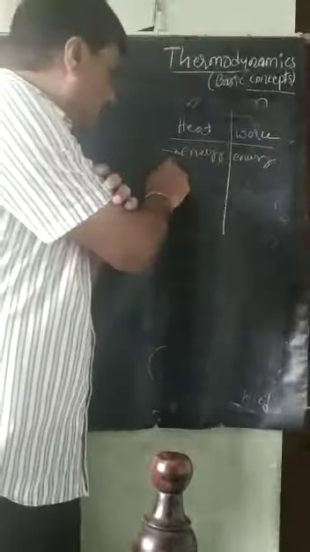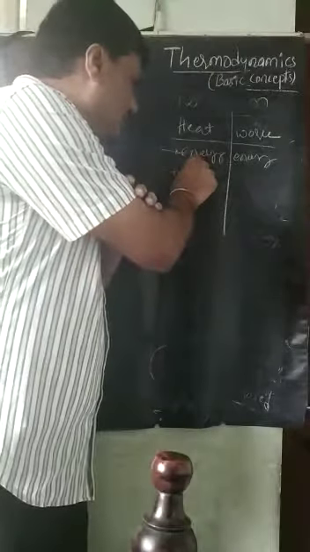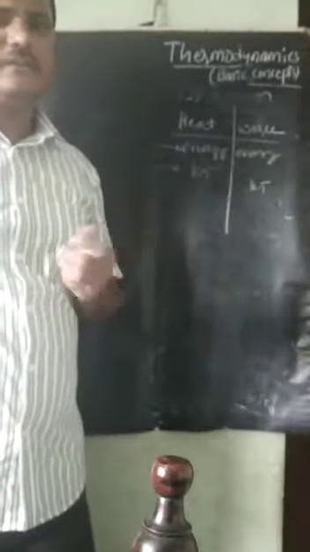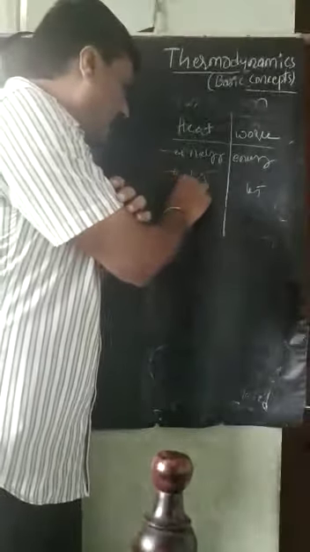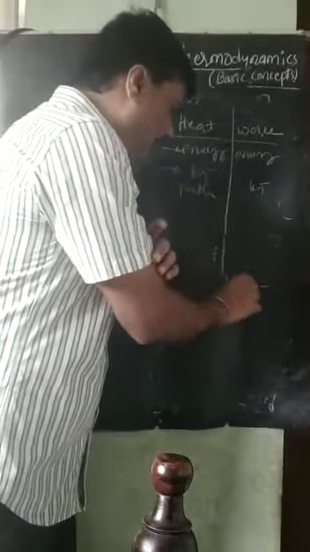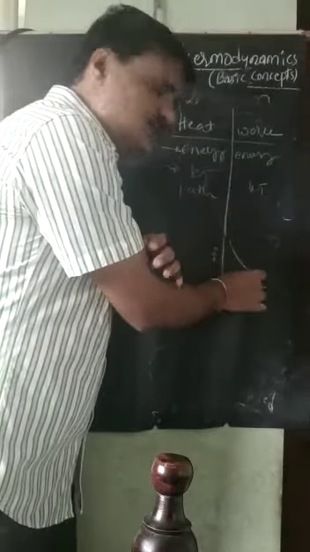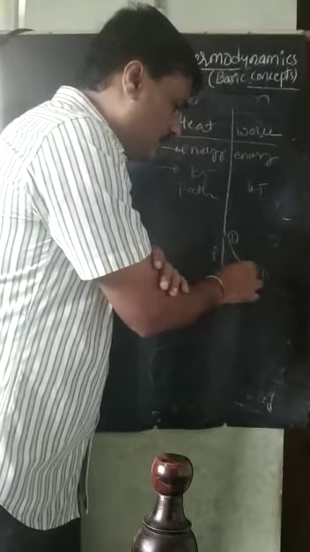The next one is that both are measured in joules or kilojoules. Yes, both are energies, so they are measured in the same unit. And both are path functions. Path function means, as I have told, in the PV diagram we get this path through which energy conversion takes place from thermodynamic state 1 to thermodynamic state 2.